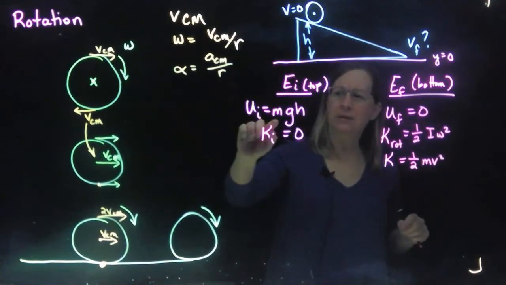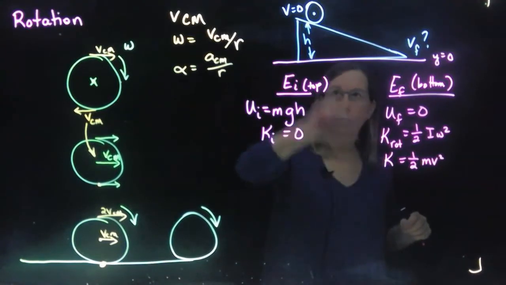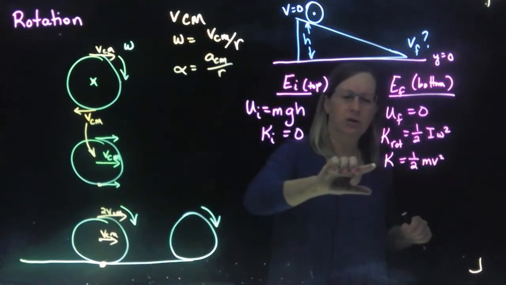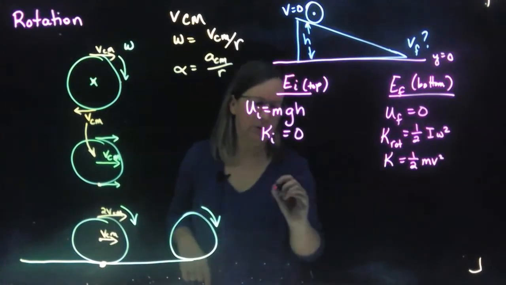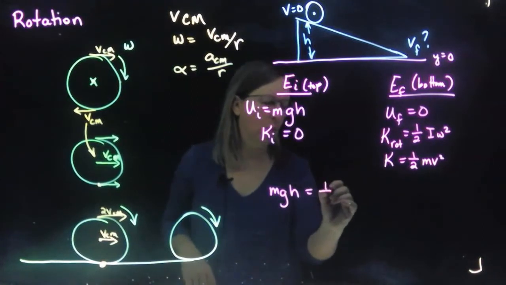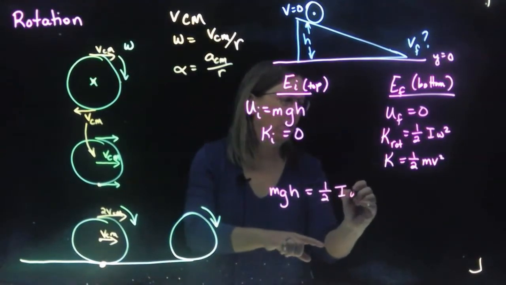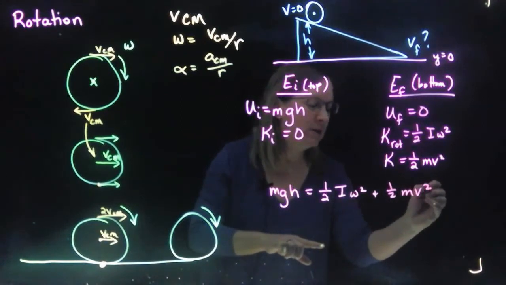So the potential energy needs to go both into what we would get if we were sliding on a frictionless surface plus rotational energy. This gives us mgh equal to 1/2 I omega squared plus 1/2 mv squared.